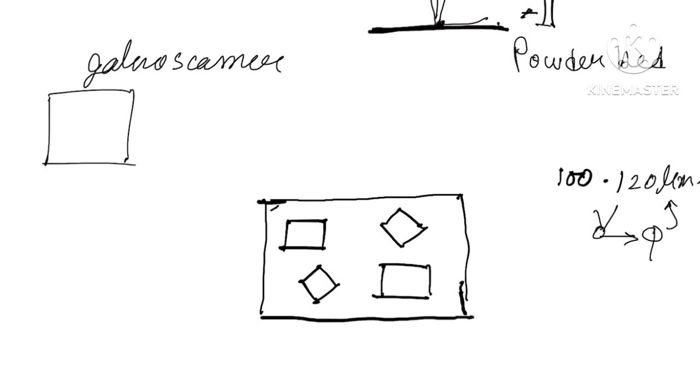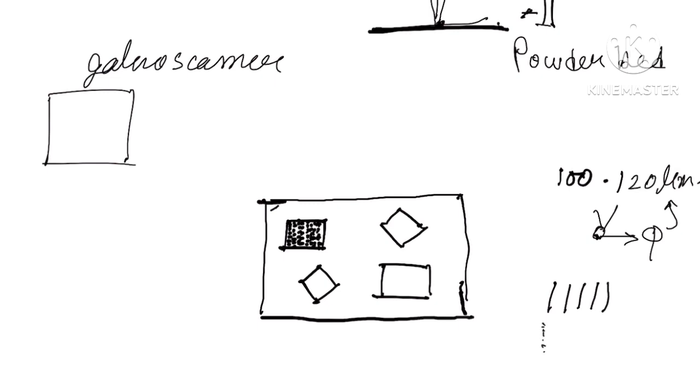And this spot, this laser beam will move over this substrate in this manner with a very fast speed. So we cannot even distinguish a single spot over the substrate or the powder bed. We'll just see that a strip of laser beam is moving like this.